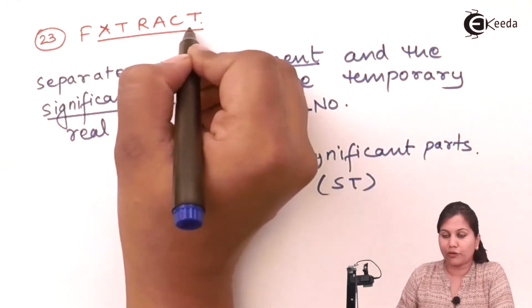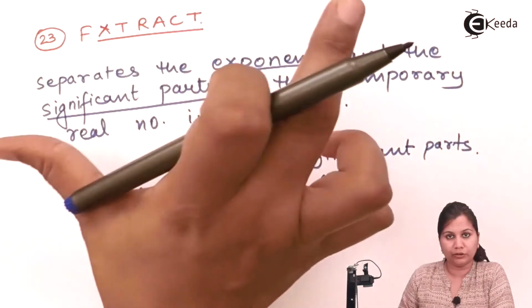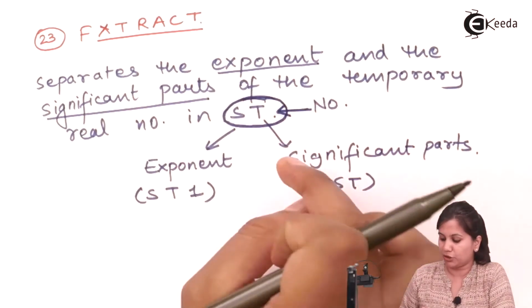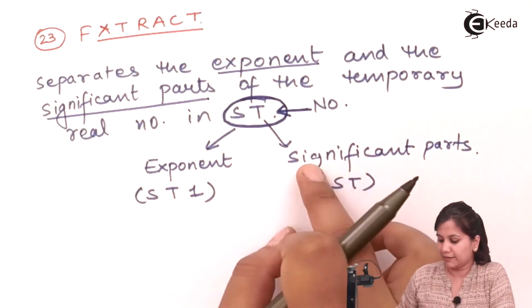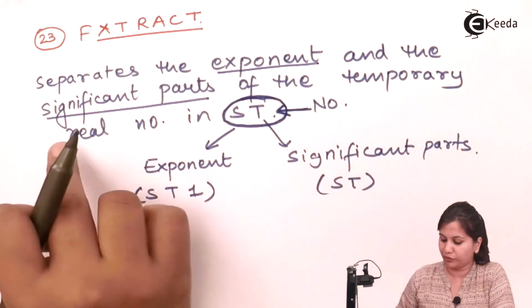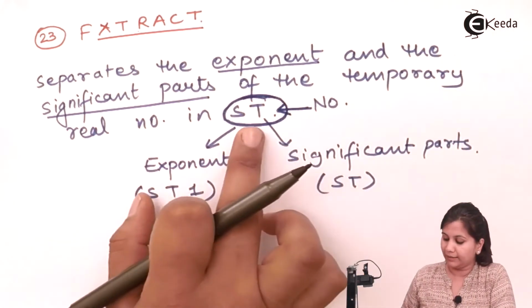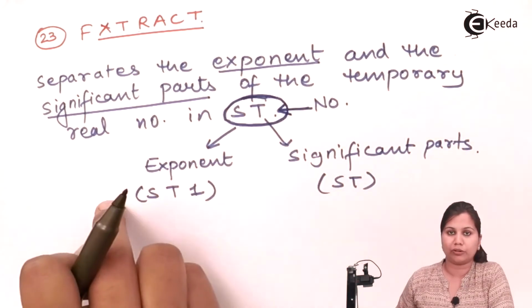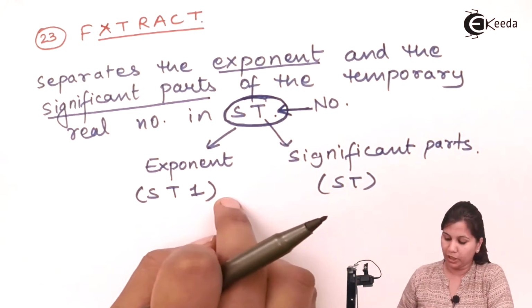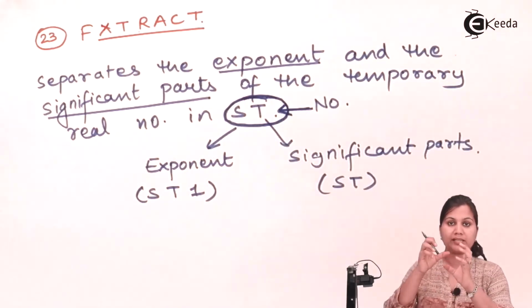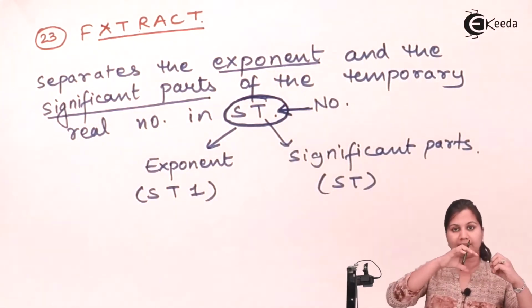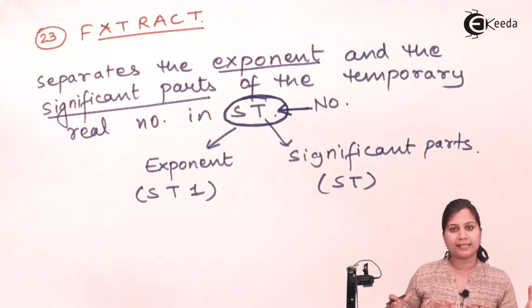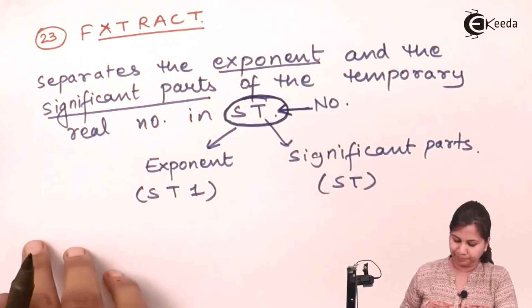After the execution of this instruction, it is separated into two parts, and the new contents of ST will be the significant part of this temporary real number, and ST1 is going to contain the exponent part. Okay, so extraction is done, meaning out of the number, the exponent and the significant part are separated out.